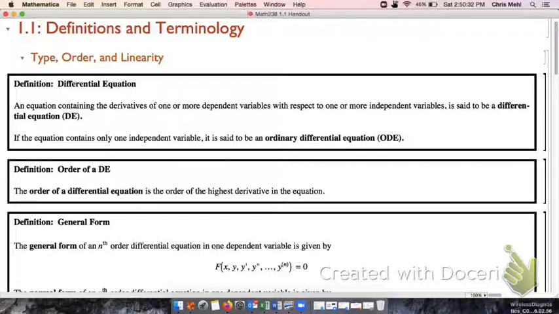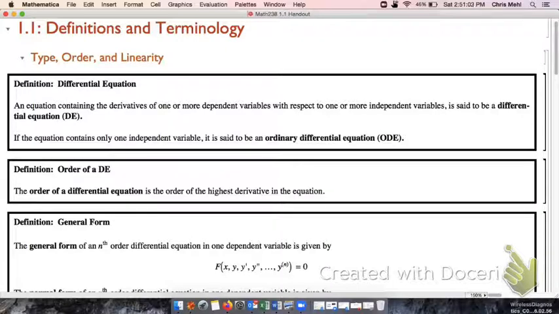Now, the definition of a differential equation, if you're reading up top, is an equation containing the derivatives of one or more dependent variables with respect to one or more independent variables. Any equation relating those derivatives is said to be a differential equation, which I will just be calling DEs.